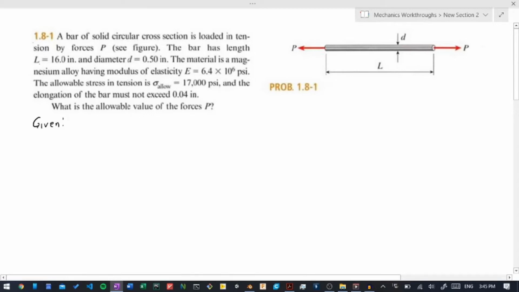So first of all, we have L equals 16 inches. And D equals 0.5 inches.